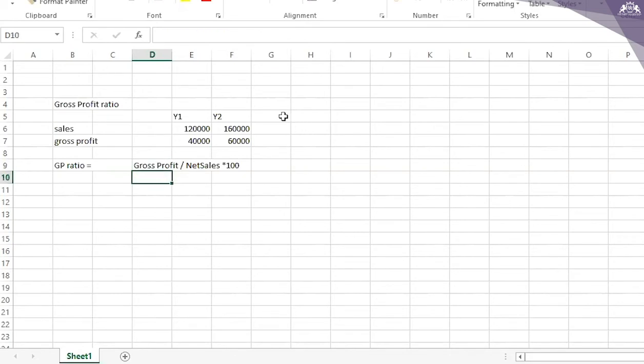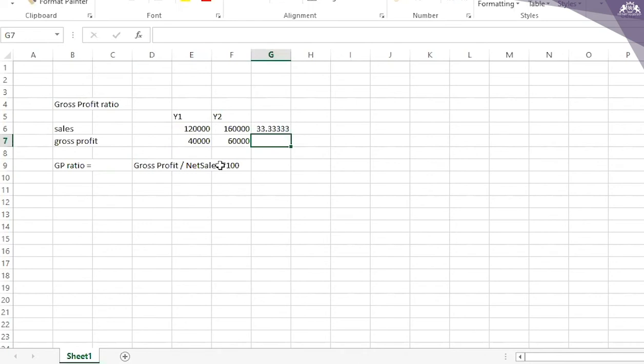For year 1, it would be 40,000 divided by the sales as a percentage. This would be 33%.